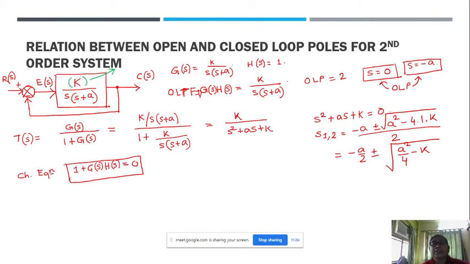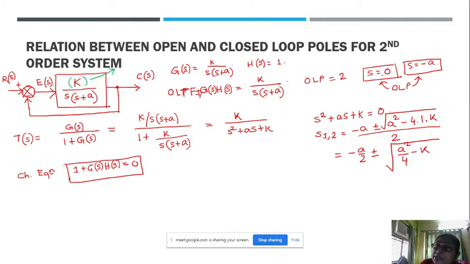So this gain is not a constant thing, and if the gain factor is changed, the value of closed loop poles will be changed.